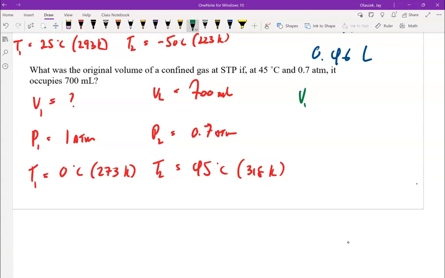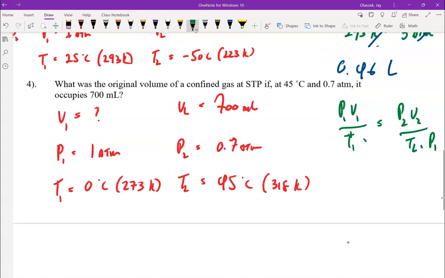All right. If we know P1 V1 over T1 equals P2 V2 over T2, and I'm trying to find V1, I'm going to get that by dividing both sides by P1. So it's going to get rid of P1 over here and puts it underneath here.